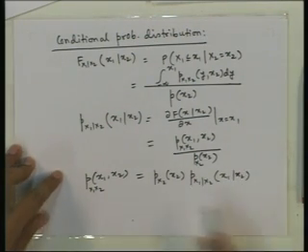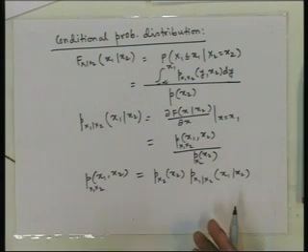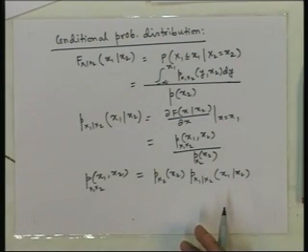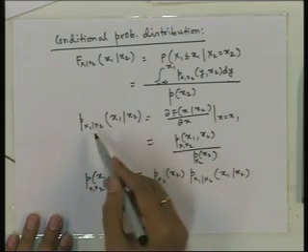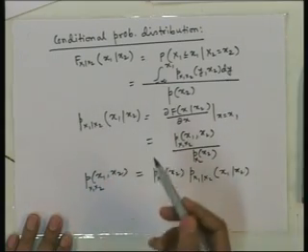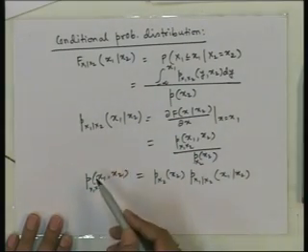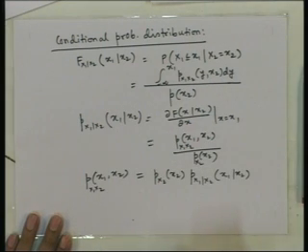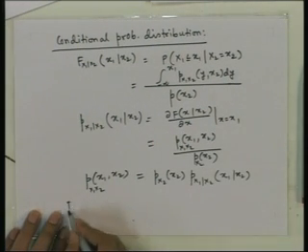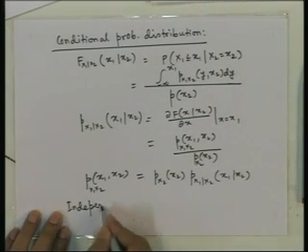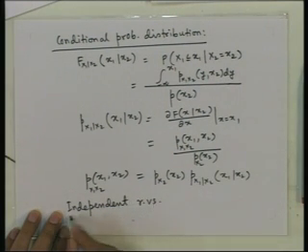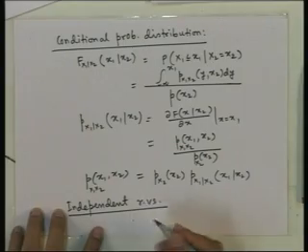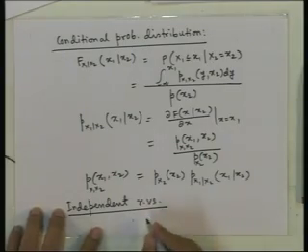If we have more random variables, we can generalize this just like we did before. And if this is the same as p x1 for all x2 and x1, then x1 and x2 are called independent random variables. When are a few random variables called independent?